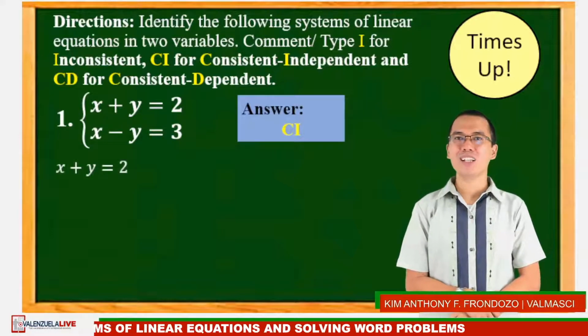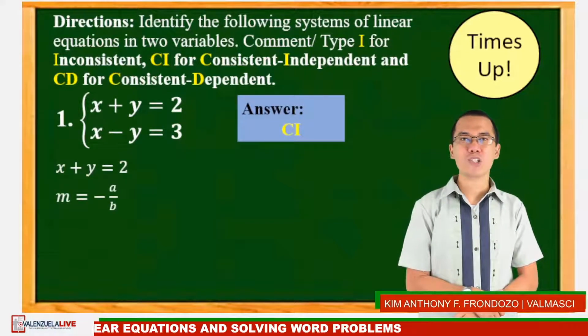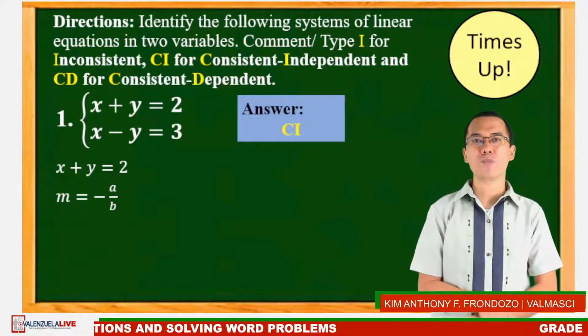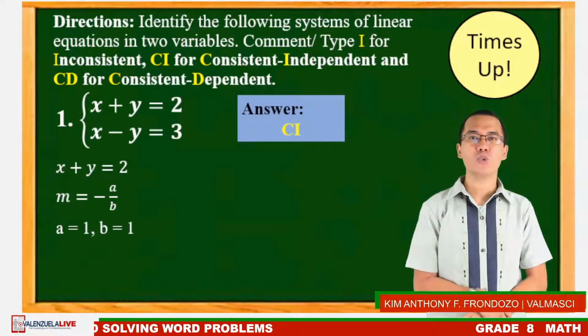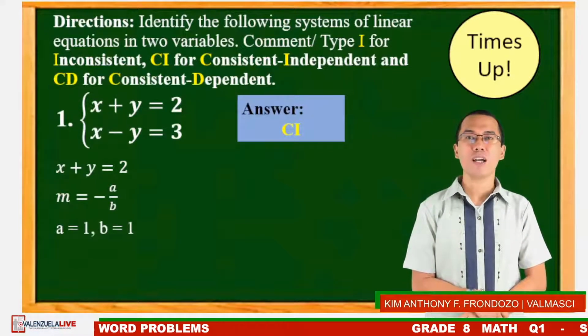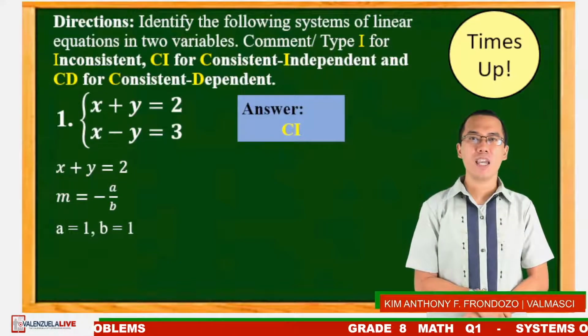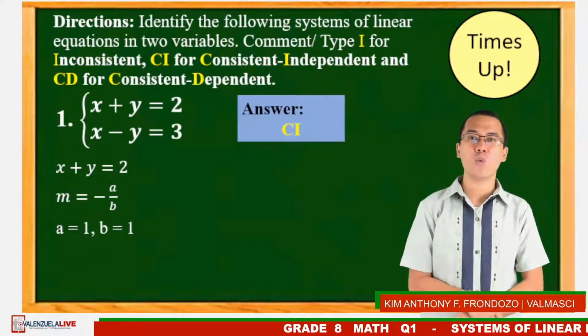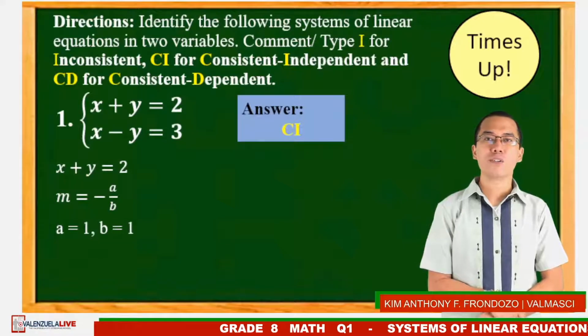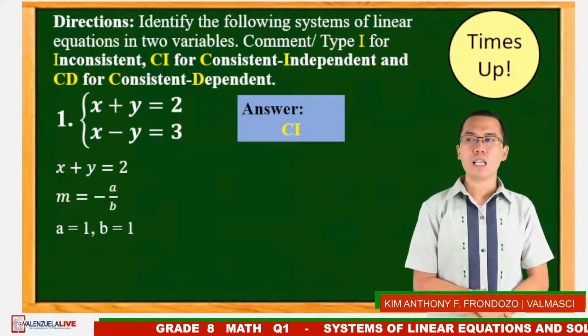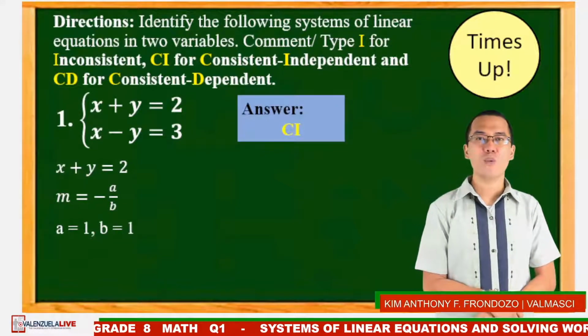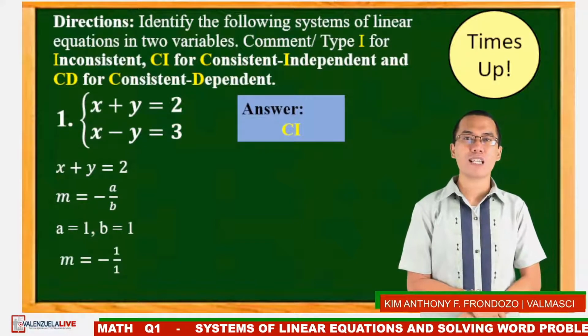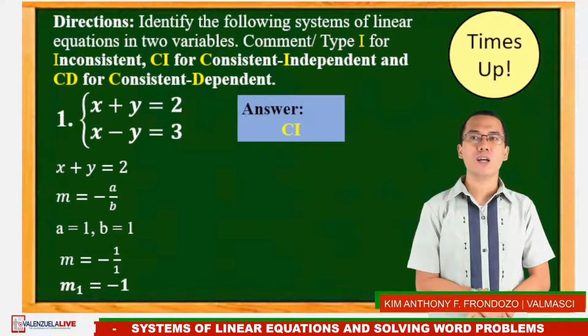For the solution, finding the slopes of the two equations, we have x plus y is equal to 2. By using the formula for the slope, negative a over b, since a is equal to 1 and b is equal to 1, m is equal to negative 1 over 1. So m sub 1 is equal to negative 1.